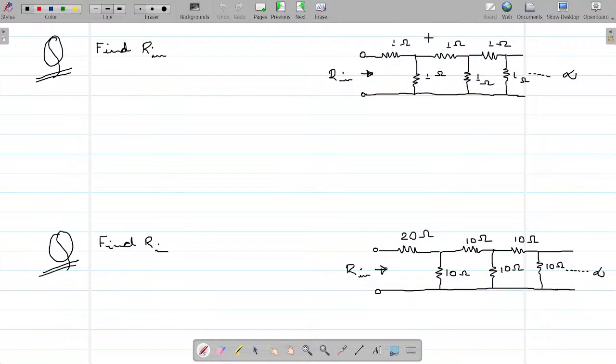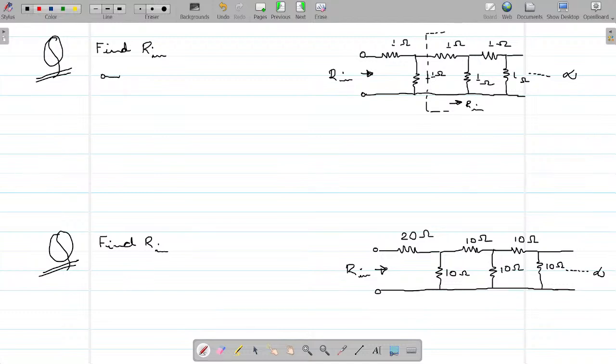In such questions, we see where exactly our series repeats. If you see, this series goes till infinity, right? I'm breaking it here. If this is Rin, this again would be Rin because it goes till infinity, right?